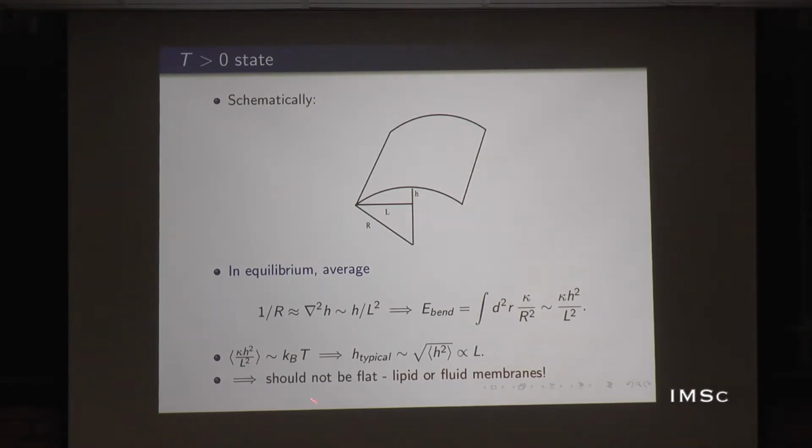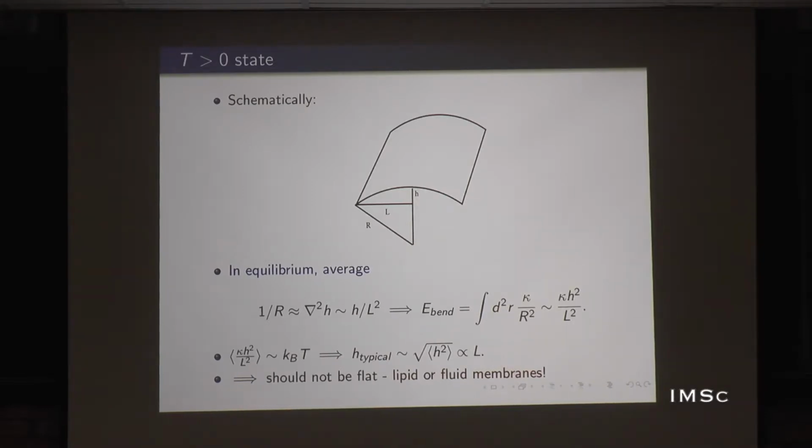Then the typical value of the undulation, the up-down fluctuations, scales as L, which means h typical by L is a constant. So, the bigger the membrane, the larger is its undulation mode. There is no hope of a flat phase. As I reach the thermodynamic limit for a membrane, the typical size of the fluctuations will also diverge.